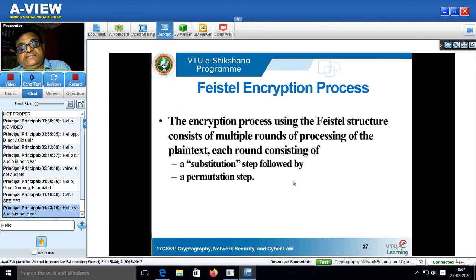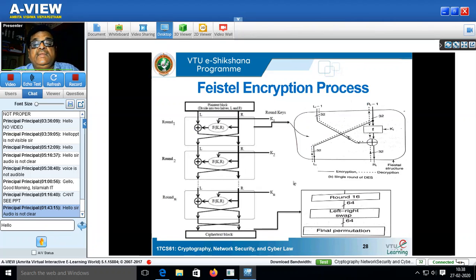Then the left side 32 bit is becoming the right side, and the right side 32 bit of the output is becoming the left side of the input to the next round. Like that, we carry out 16 rounds. This is the schematic diagram of how the activity is being carried out.